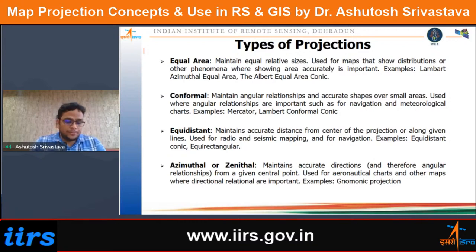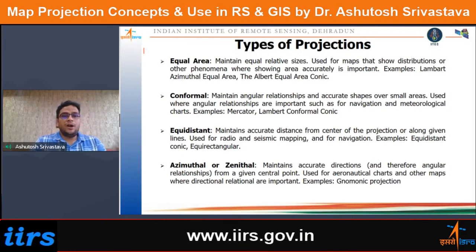Different types of map projection can exist. One is equal area. Equal area means maintaining equal relative sizes, used for maps that show distribution or other phenomena where showing area accurately is important. For example, Lambert azimuthal equal area and Albers equal area conic.